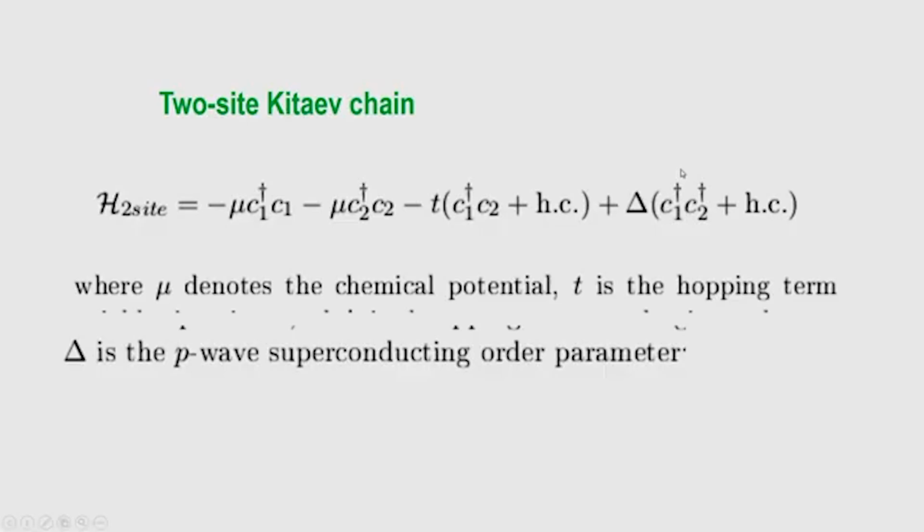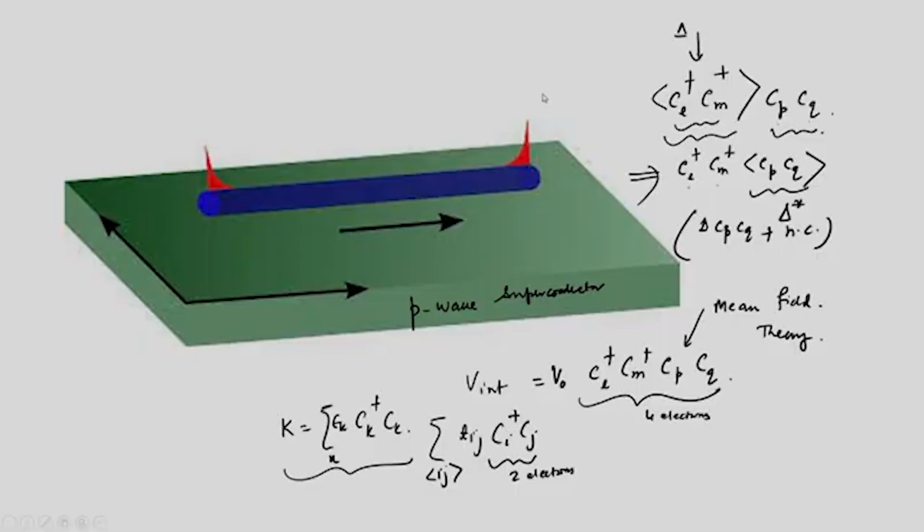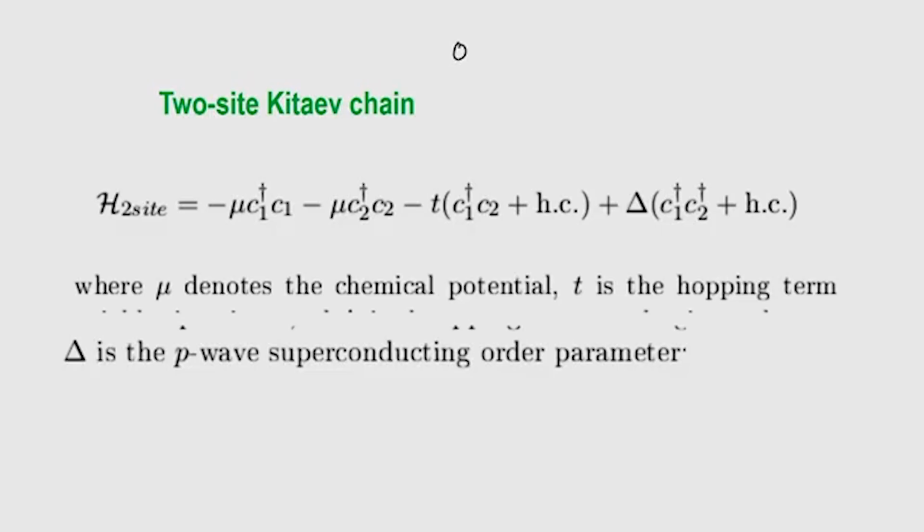With all these considerations, we write down a chain Hamiltonian, just like what we have talked about here. There are n sites in this chain if it is a tight binding chain, but for the sake of simplicity we only consider 2 sites of this Kitaev chain, and this is a 2-site Hamiltonian.